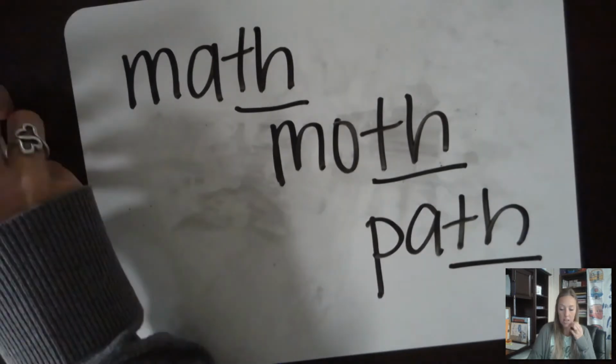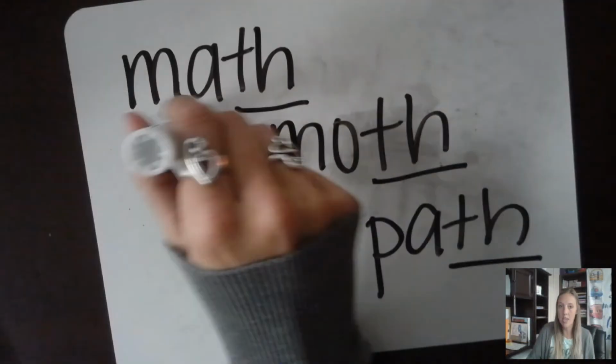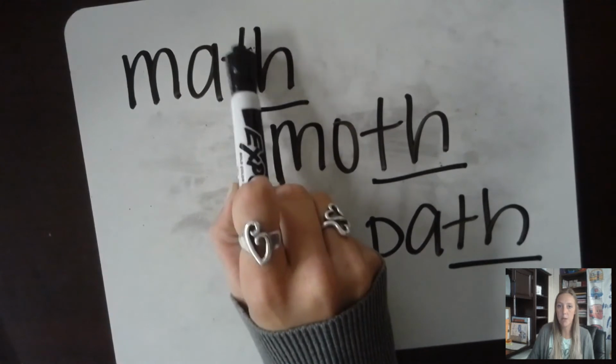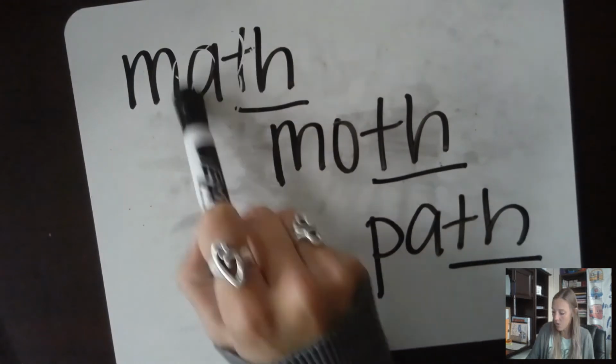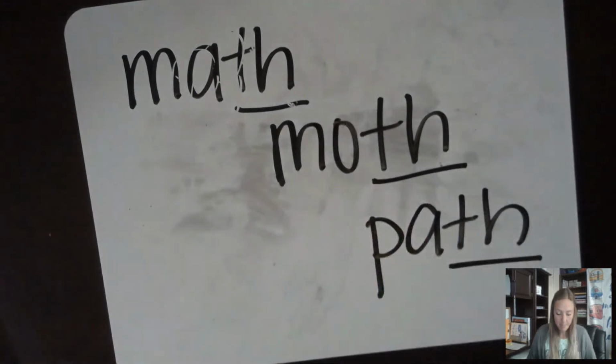So you should try to find the voiced sound first, because most of those will be voiced, like in then, them, this, those. But there are going to be some that are unvoiced.